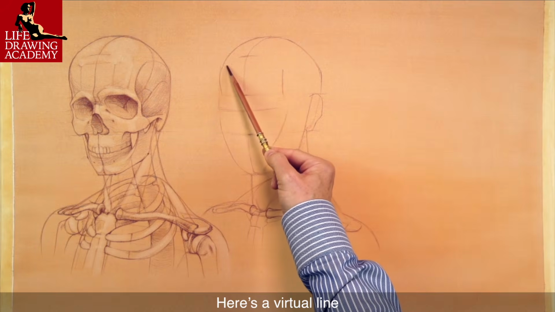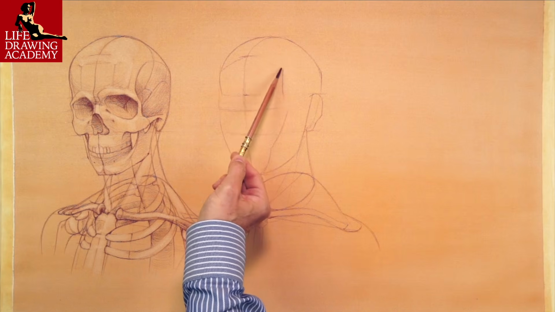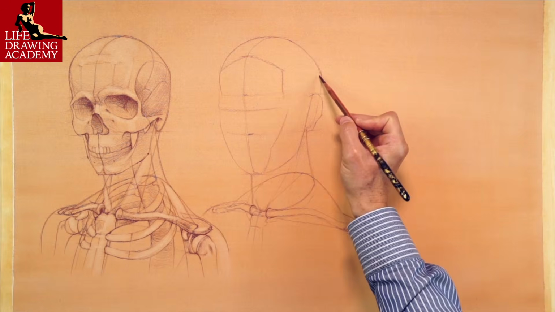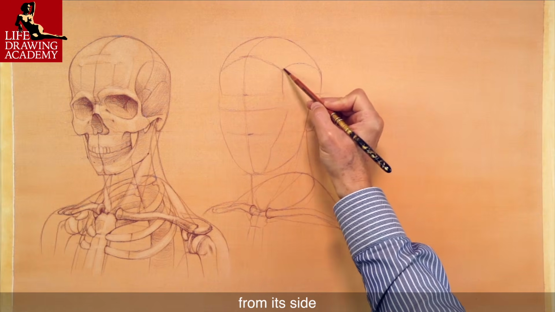Here's a virtual line that separates the roof of the skull from the forehead. Another curved line separates the top surface of the skull from its side.